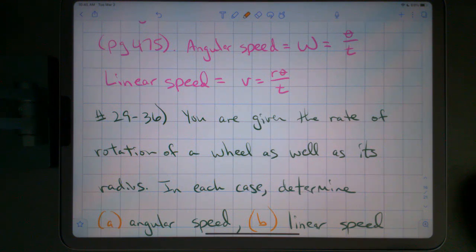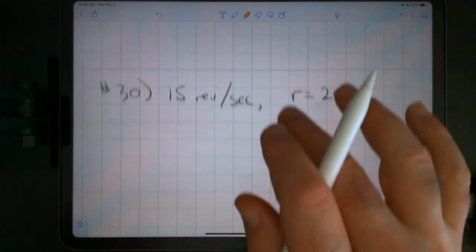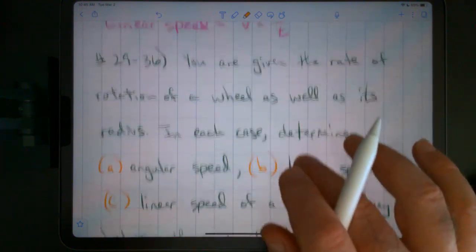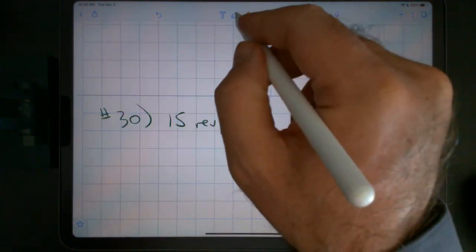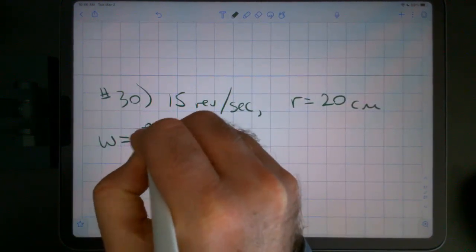In each case, determine the following. You want the angular speed, and then you want the linear speed, and then you want the linear speed of a point halfway between the center and the circumference. Okay? So the angular speed is going to be theta divided by time.